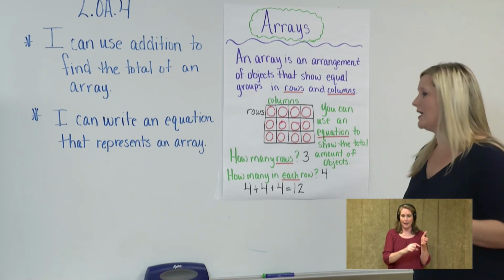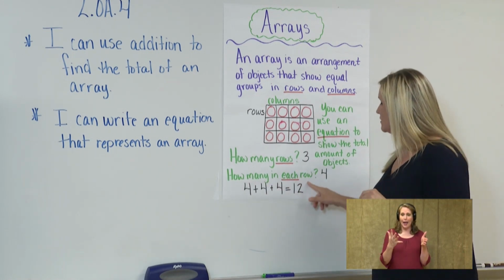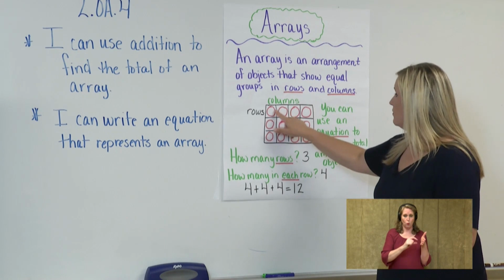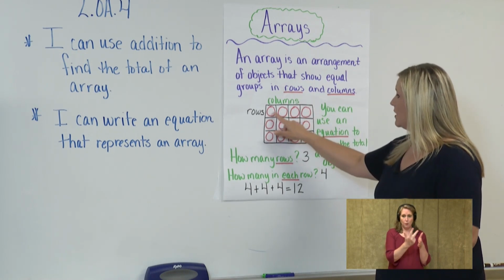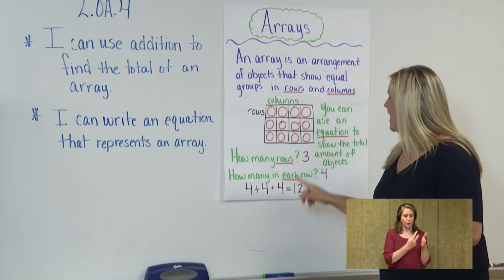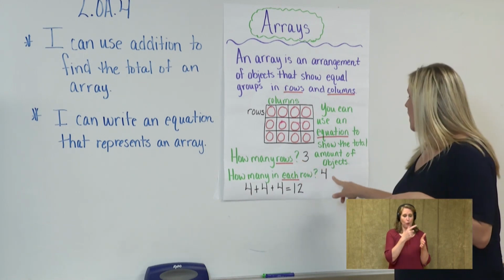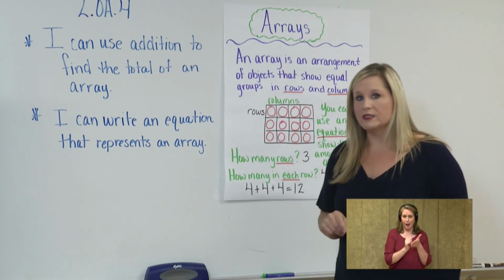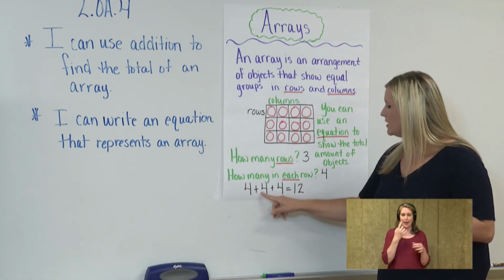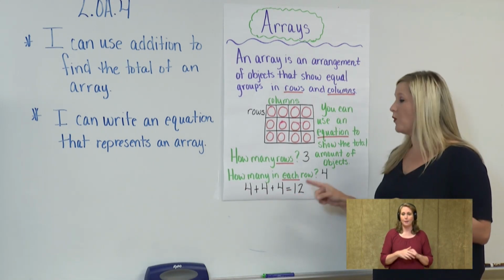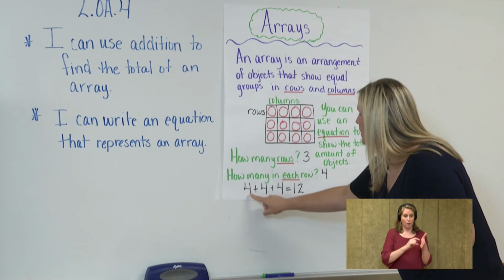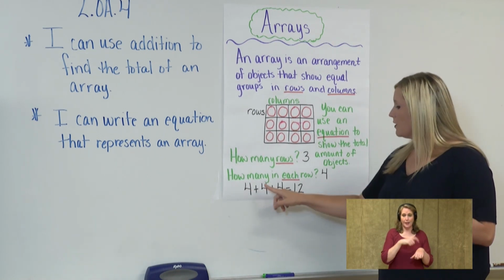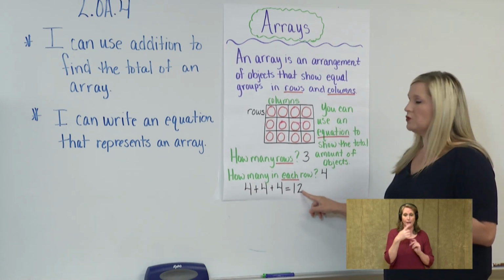The next thing I need to know is how many are in each row. 1, 2, 3, 4. So I have 3 rows of 4. If I wanted to write that as an addition sentence, I could write 4 plus 4 plus 4. See, I wrote 4 three times. 1, 2, 3. So 4 plus 4 plus 4 equals 12.